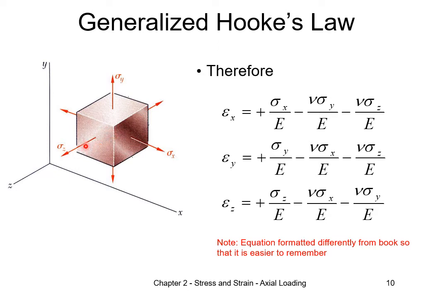Same thing, the stress in the z direction will also cause a contraction in the x direction. As such, we have negative Poisson ratio times sigma y over E and negative Poisson ratio times sigma z over E. Note the signs here, positive for tension, negative for contraction.